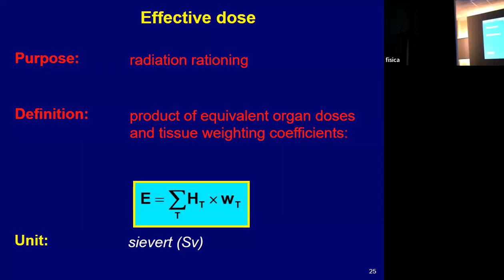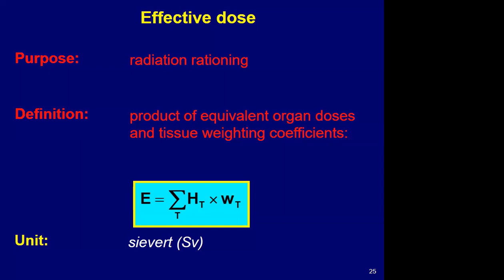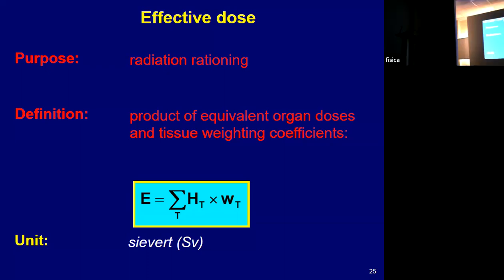The effective dose E is defined as a function equal to the sum of the products of the equivalent doses H and coefficients WT corresponding to these organs and tissues.